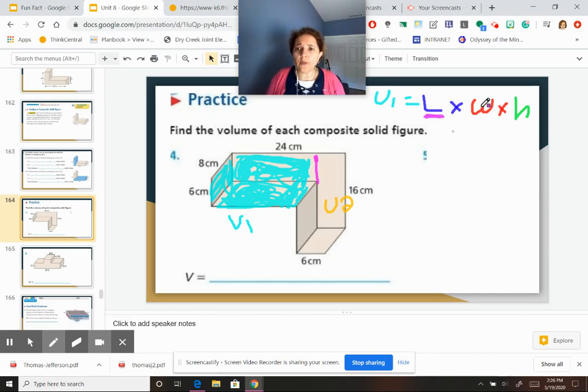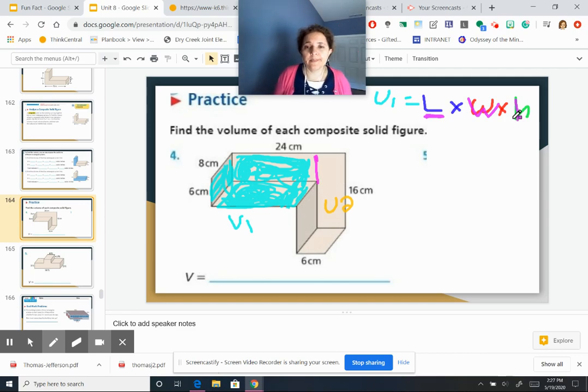See in the W how the lines kind of go this way? When you make a W, the lines are slanted. So they could be slanted this way, could be slanted that way. So your slanted lines are your widths. That helps me remember it. And in the height, the line going up and down, that's my height going up and down.